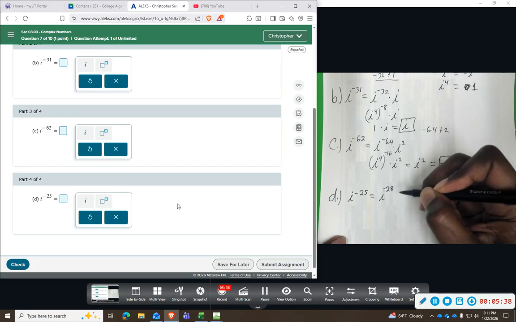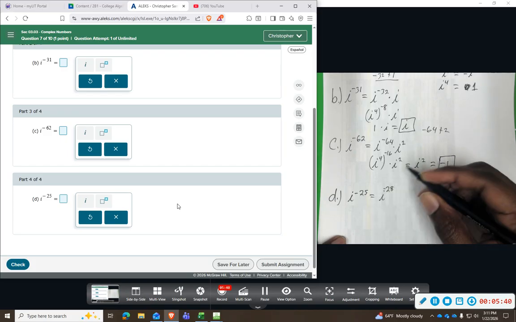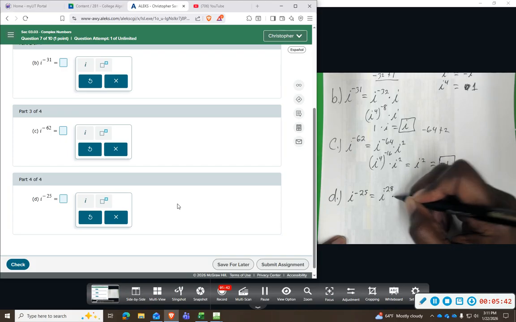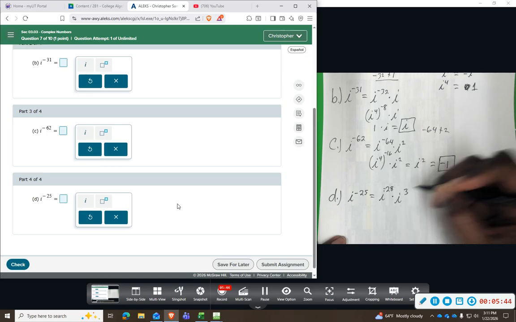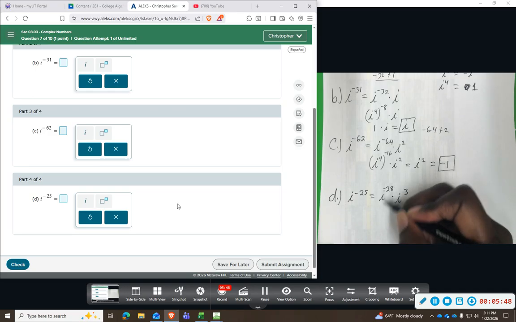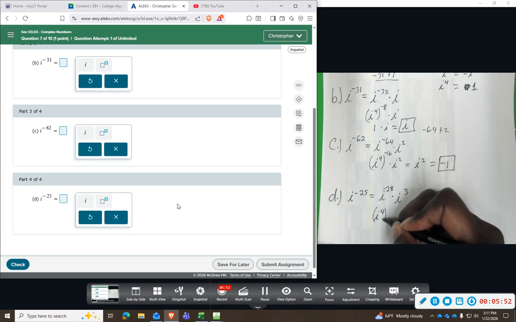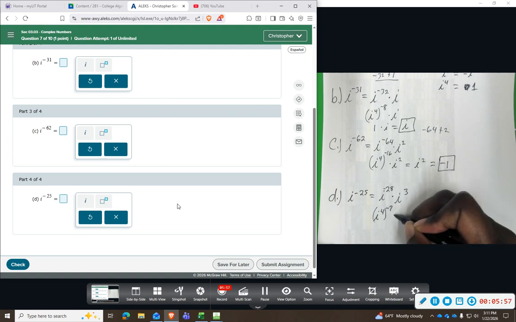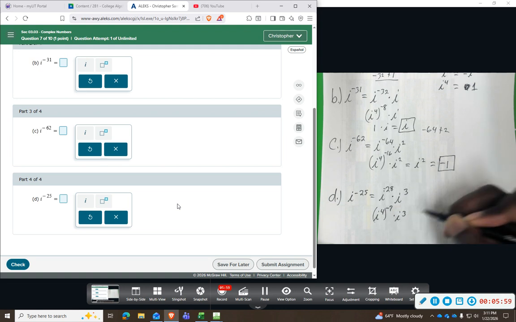Since I added 3, I need to subtract 3, so that's going to be times i to the 3rd. And then using exponent rules, we're going to rewrite this as i to the 4th raised to the negative 7th, times i to the 3rd. This will equal 1, and i to the 3rd will be left. And i to the 3rd is equal to negative i.